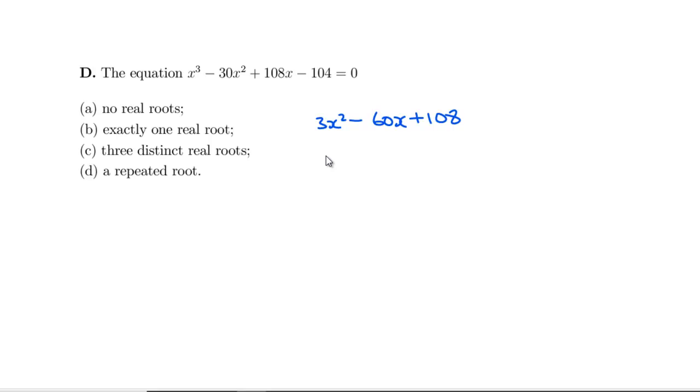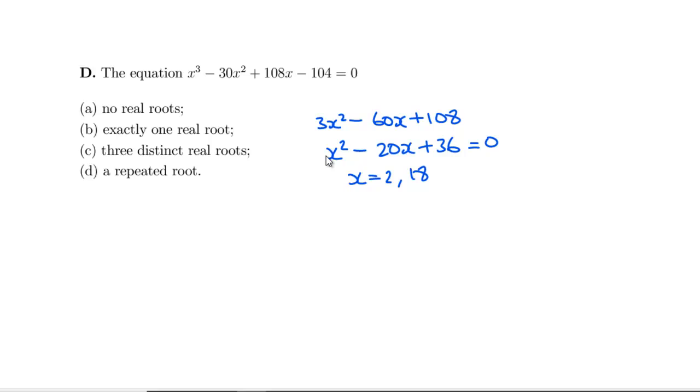I can divide by 3 on all of this, they're all divisible by 3. So x squared minus 20x plus 36 equal to 0. So I could have an 18 and a 2. That comes out all right, doesn't it? x equals 2 and 18.